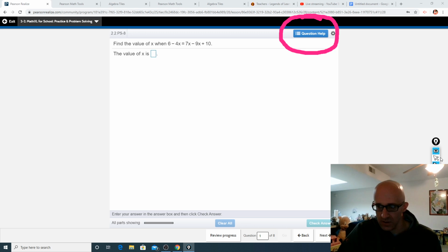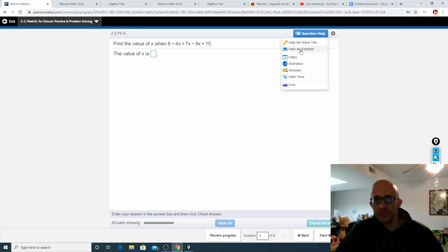It'll give you different options. Let me erase this. If you hit question help, you'll see it say help me solve this, view an example, video, animation, glossary, math tools, and if you have a printer at home, you can print things out as well.